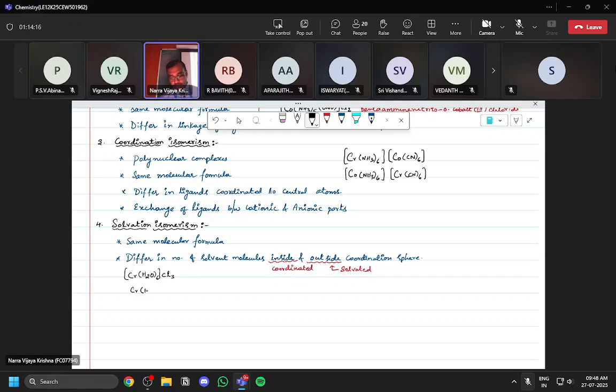Chromium, H2O 5 times, chlorine, Cl2 dot H2O. This is a violet color complex. This is a gray-green colored complex.